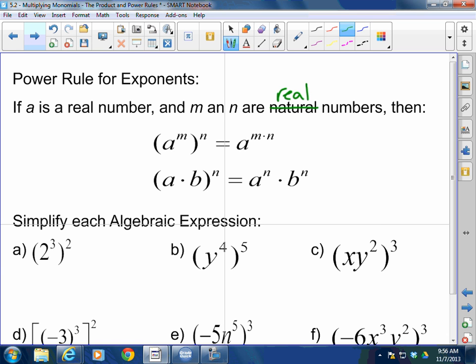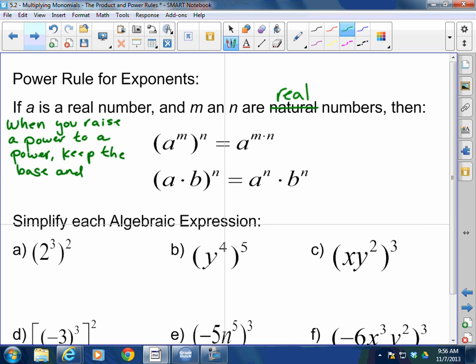It means the following: when you raise a power to a power, keep the base and multiply the exponents.